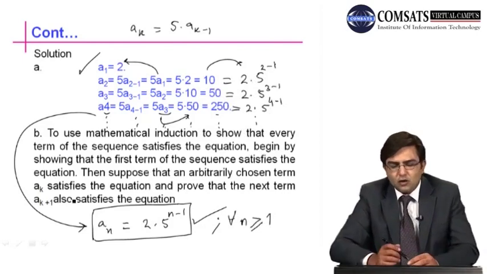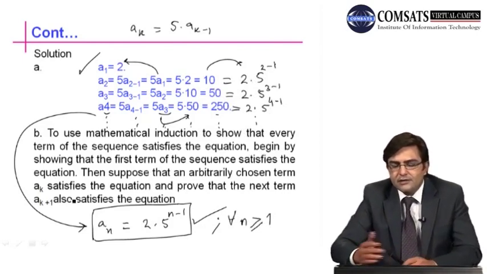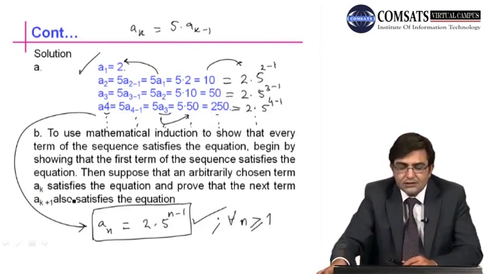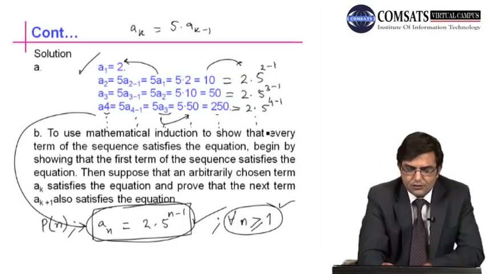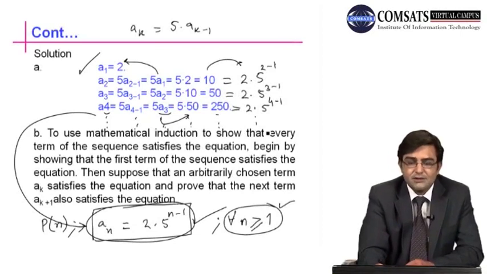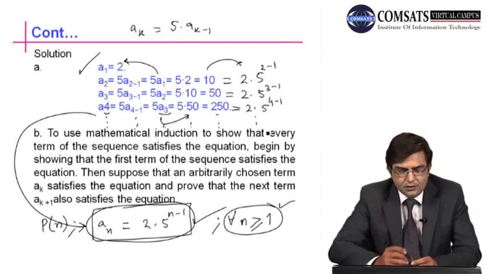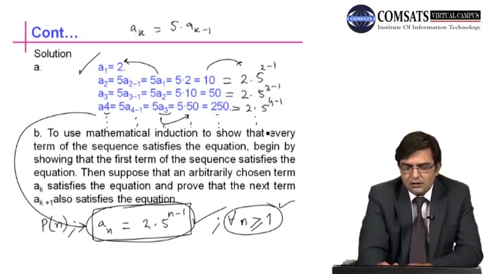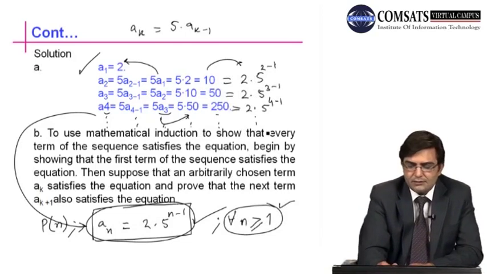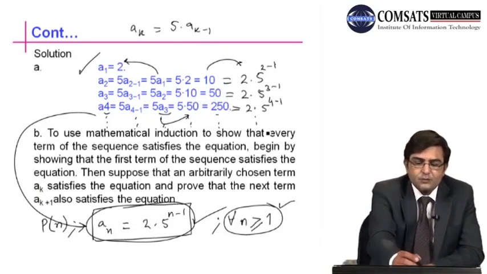Similarly, we can obtain the second, third, fourth, and so on, all the terms of the sequence. Here p of n is an is equal to 2 into 5 power n minus 1. First we shall prove that p of 1 is true, that is when n is 1, 5 power 1 minus 1 is 0, and we get 2.